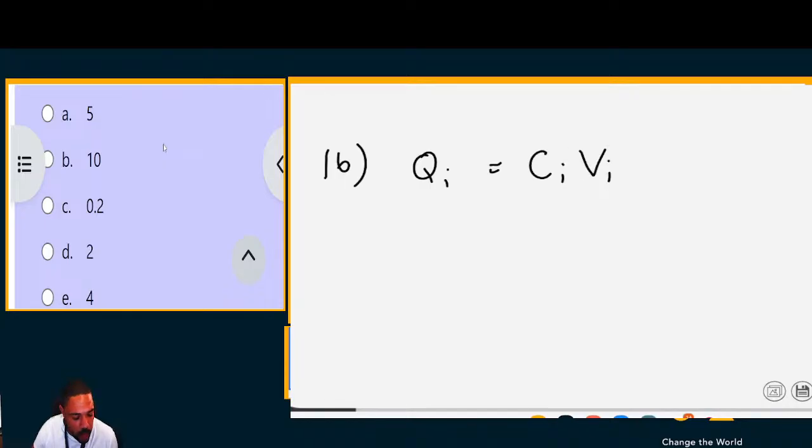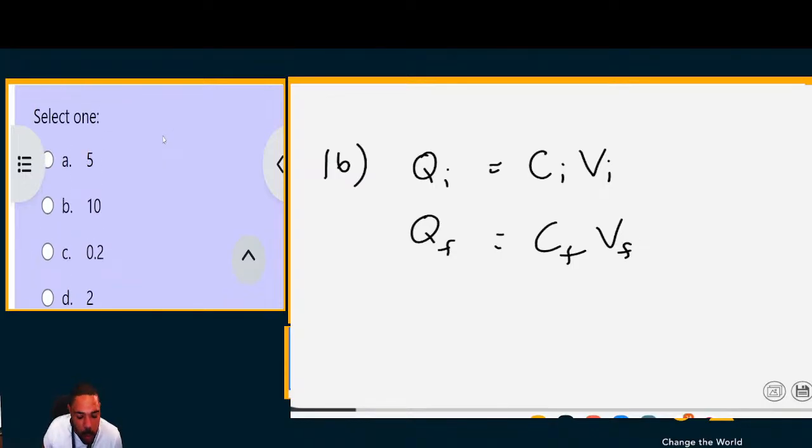The final charge is the final capacitance times the final voltage. That is just charge defined in terms of capacitance. Now, since the power supply is disconnected, the charge is constant.